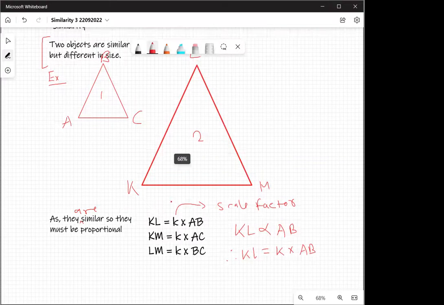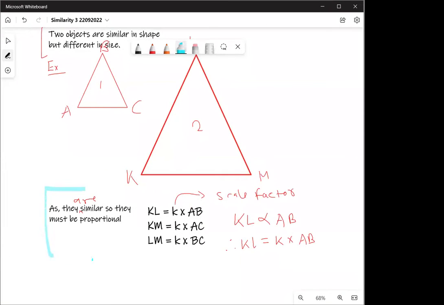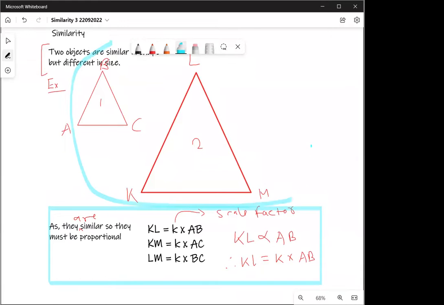Now please write all of this in your notebook, this whole thing, and make the shapes. Tell me when you're done. Niranjana, can you hear me? Yeah, sir. Good evening. Start writing.